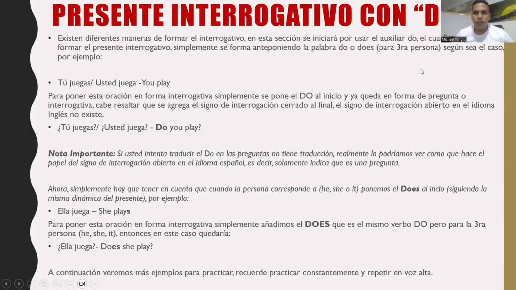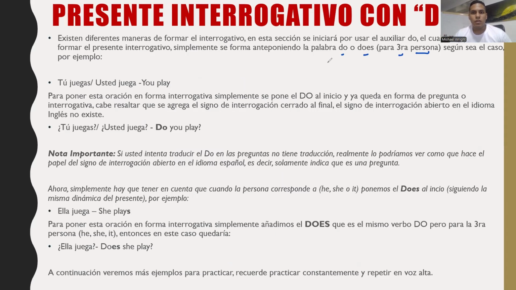And here, let me tell you something: we're going to use questions with the auxiliary verb do or does, right? And this goes for the third person. The third person is the one that we're going to be using with does, sorry.